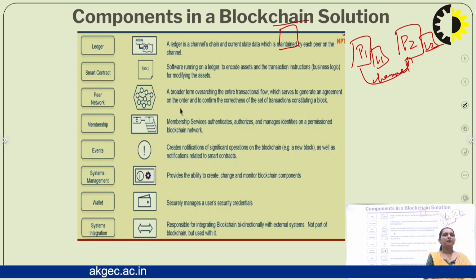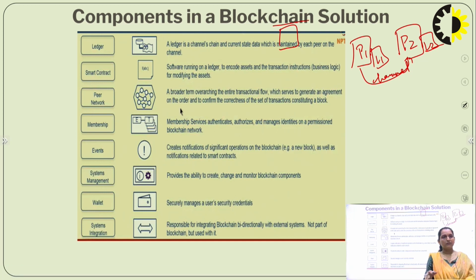System management provides the ability to create, manage and monitor the blockchain components. All these components have to be managed by a person, so that is system management. Then the wallet securely manages user security credentials. All the credits, how much they have and how much they are making, are saved in a wallet.